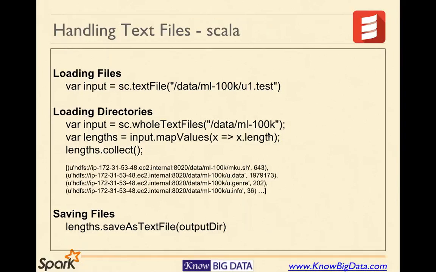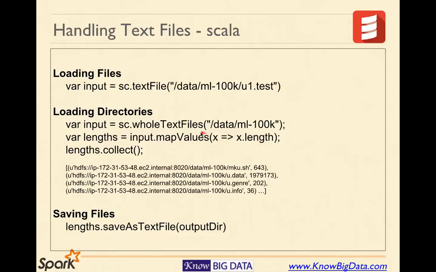In those cases, you can load the entire directory, and every record in the RDD is a key value pair. The key is the URL of the file, and the value is the size here because we did this computation.